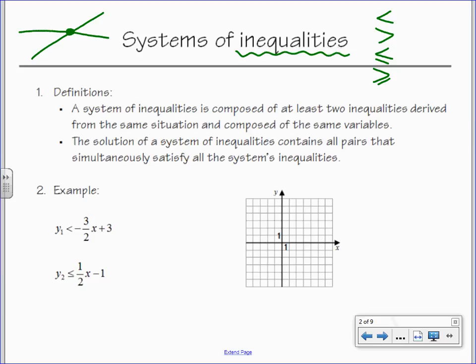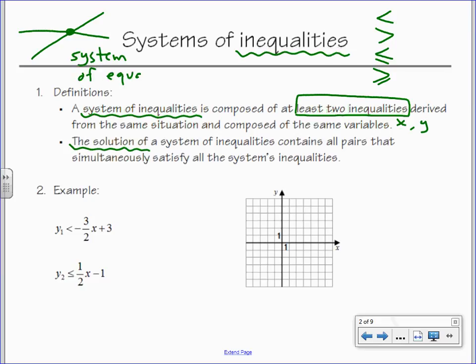Now, a system of inequalities is composed of at least two inequalities that are derived from the same situation, composed of the same variables. Usually, you're going to see x and y, but it could be any variables. When they ask for the solution of a system of equations, the solution was the point, right?